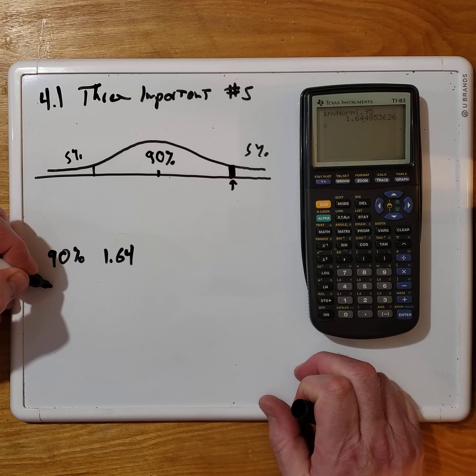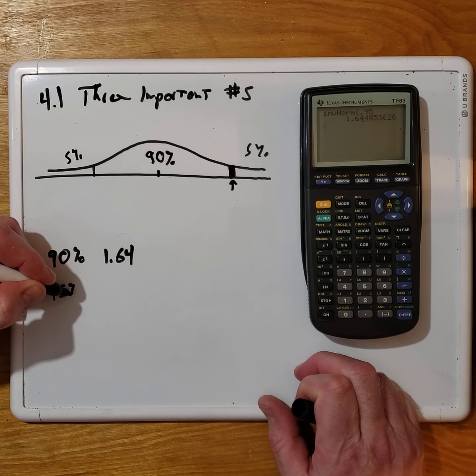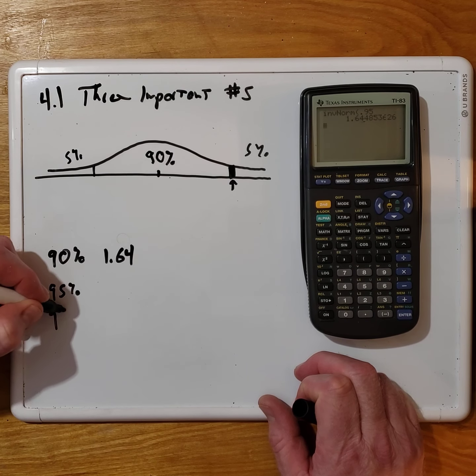I said this was 3 important numbers. The other 2 are the ones that correspond to 95% and 99%. So let's take a look at that.